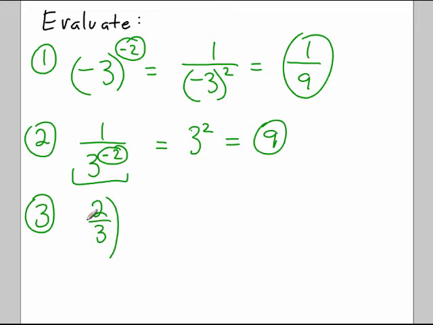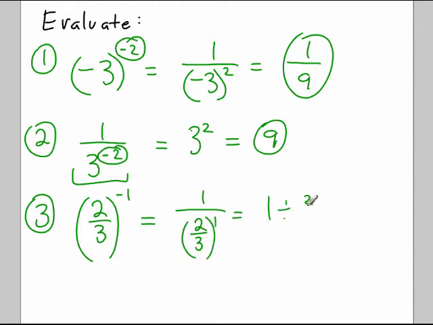How does a fraction with a negative exponent work? Alright, well, by our definition of negative exponents, it would be 1 divided by our base to the positive power. That would be 1 divided by 2/3, and dividing means multiply by the reciprocal, and so we would get 3 over 2.